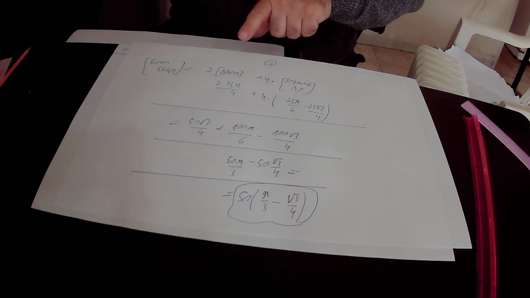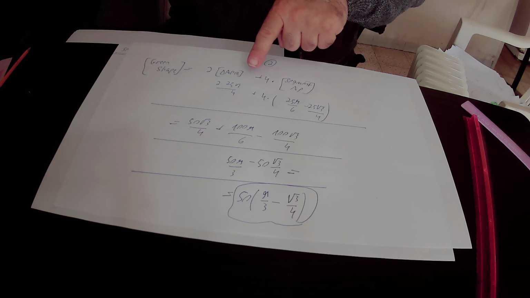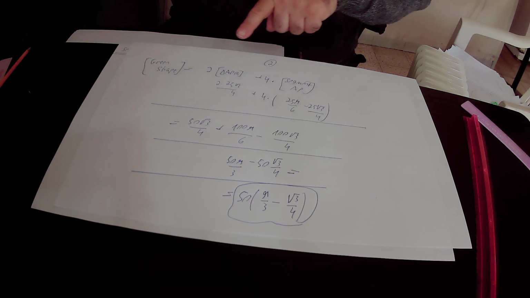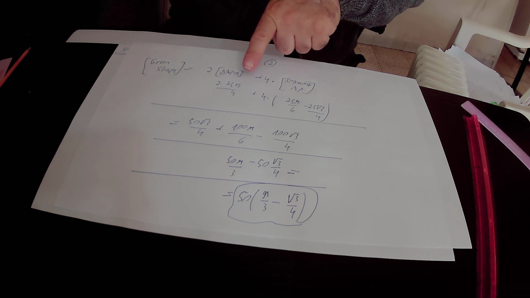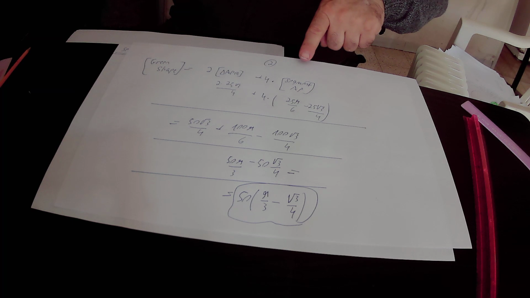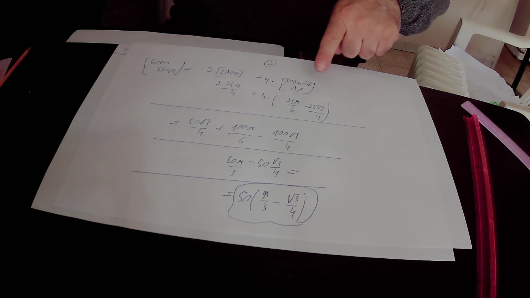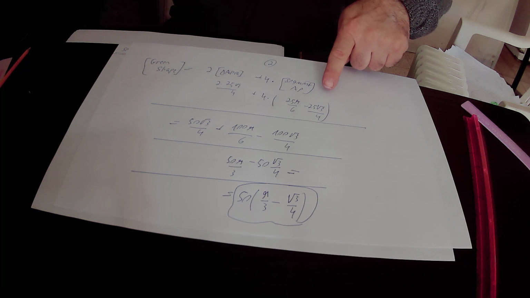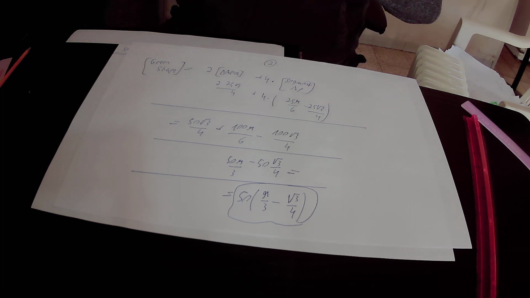The area of triangle APQ equals 25 times square root of 3 over 4, so 2 times the area of triangle APQ equals 2 times 25 times square root of 3 over 4, plus 4 times the area of segment AP. The area of segment AP equals 25 pi over 6 minus 25 times square root of 3 over 4.